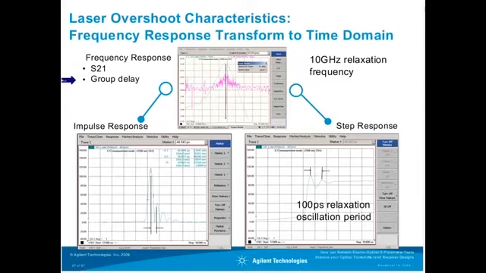From this, you can have the network analyzer calculate the impulse response or the step response. Based on the amount of overshoot in the frequency domain, you also see the amount of overshoot in the relaxation oscillations. So this gives you a very first and rough insight into the digital and time domain performance of your component.